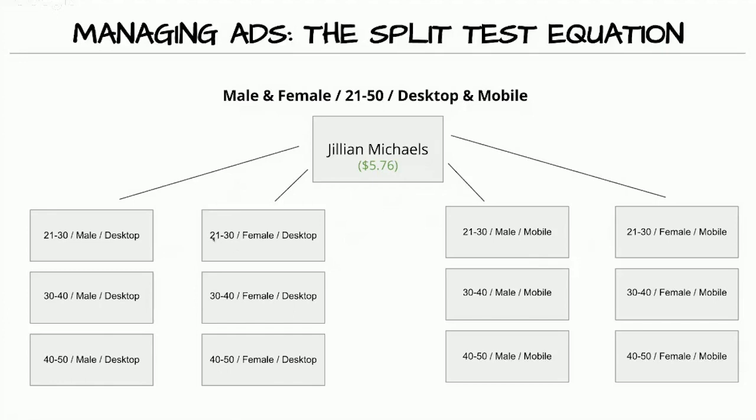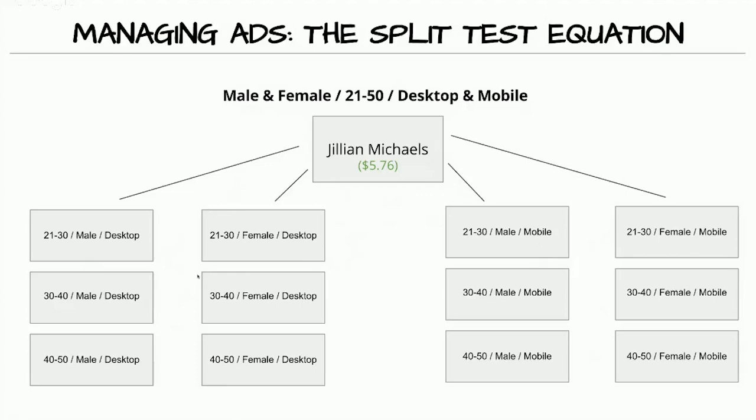And then over here, 21 to 30 female, only on desktop. 30 to 40 female, only on desktop. 40 to 50 female, only on desktop. We duplicate this whole thing here, and we do the same thing, but we change it to mobile. And I'm going to show you how to do this after. I'm going to demonstrate how we would do this.